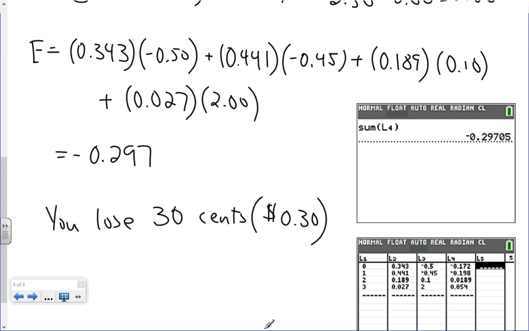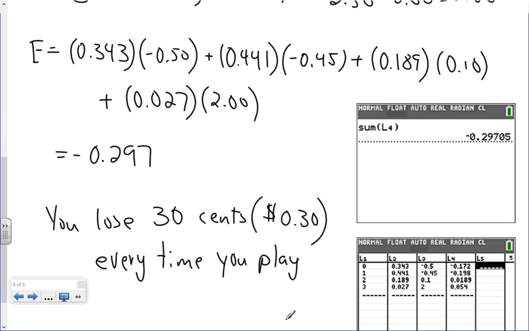You're losing approximately 30 cents every time you play. Now, technically, you're losing 29.7 cents, but I'm rounding that near a cent there when I write that out. But you lose 30 cents approximately every time you play the game. That's what that number actually means.